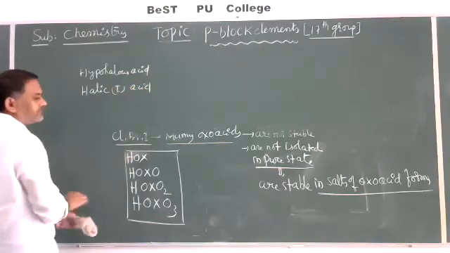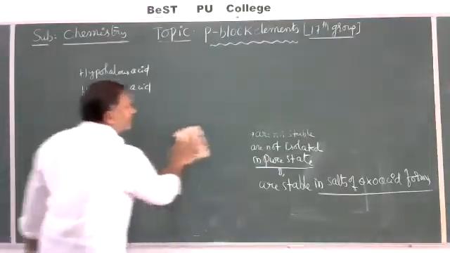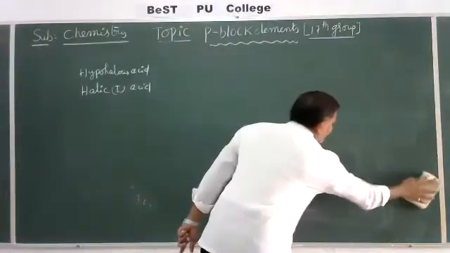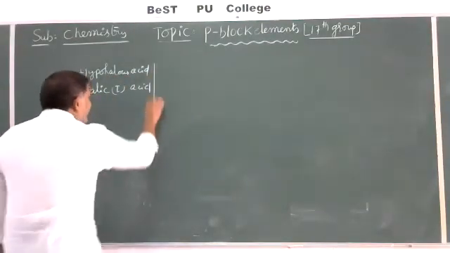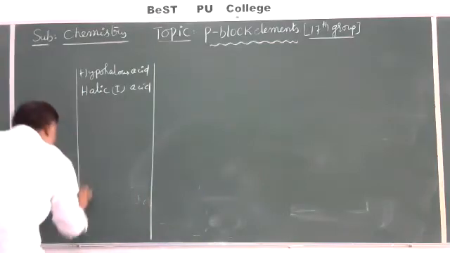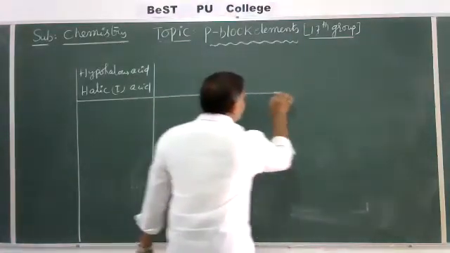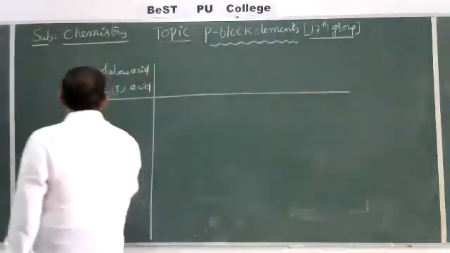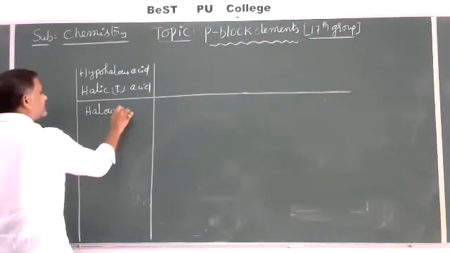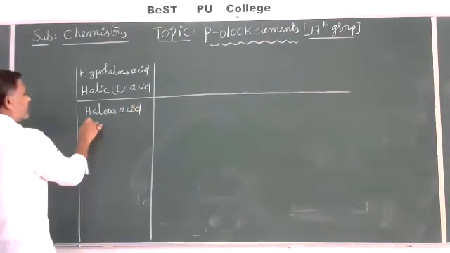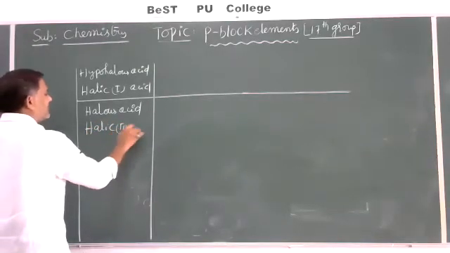Then the second one is halous acid, that is also called halic 3 acid.